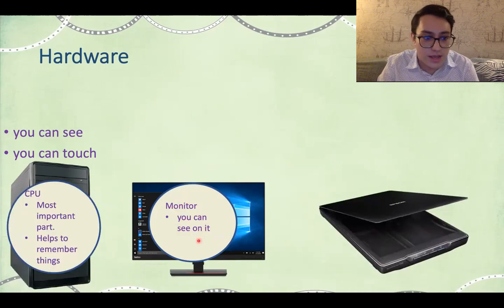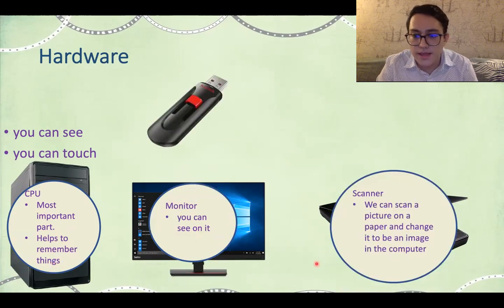Next, we got a CPU. Most important part of a computer. Helps to remember things. A scanner. With a scanner, we can scan a picture with it. Okay, so we can scan a picture that is on a paper and get it on our computer.